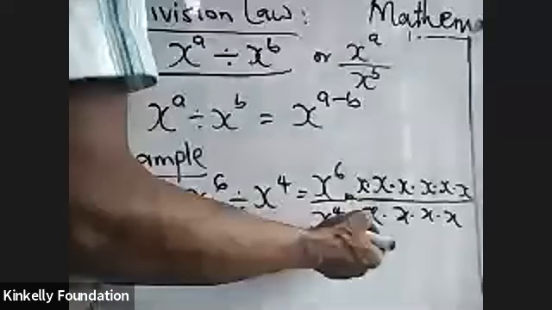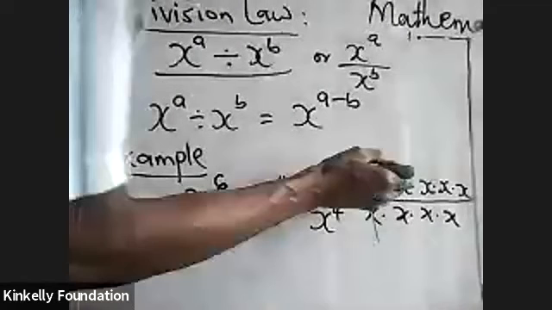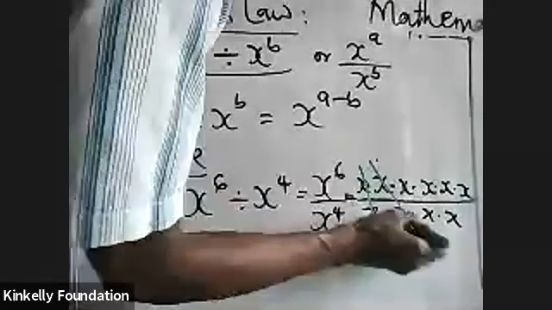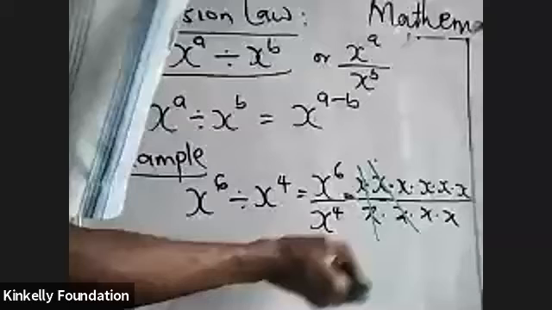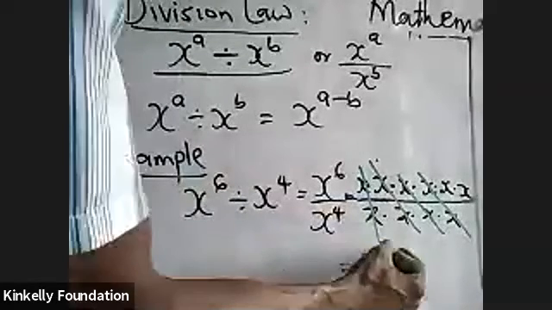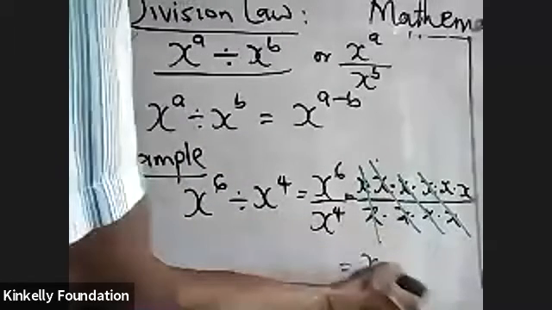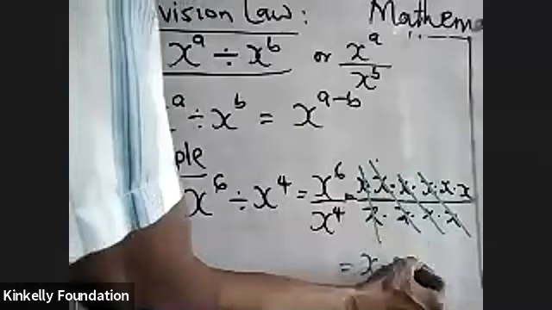So if you want to cancel them out, look at what you're going to have. This cancels out, this cancels out, this cancels out, this cancels out. So you're going to have what? S raised to power 2. Remember, this is s times s to give us s raised to power 2.